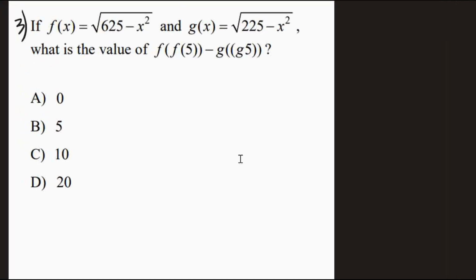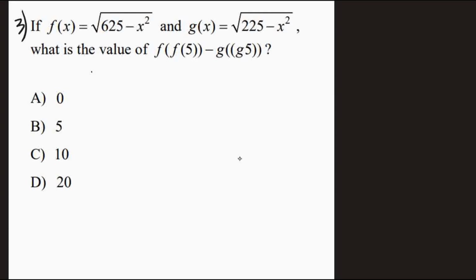If f(x) is equal to the square root of 625 minus x squared and g(x) is equal to the square root of 225 minus x squared, what is the value of f(5) minus g(5)? So let's count one by one.